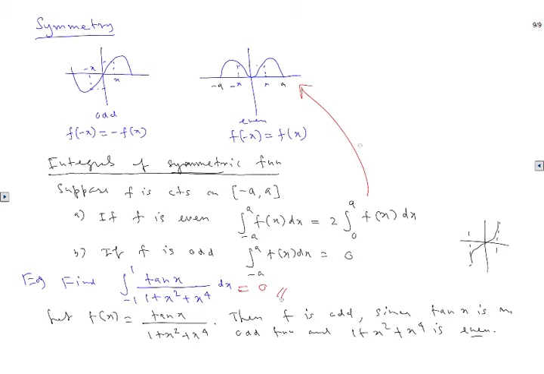So what happens when you multiply two odd functions?